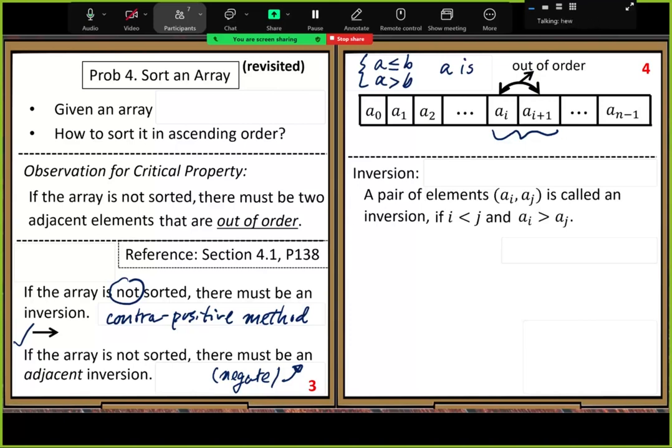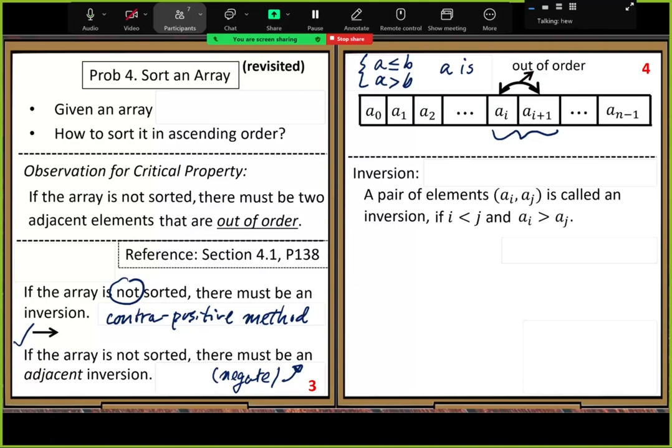That means in order, right? Any two adjacent elements are in order. Can you say the whole array is in order? By the transitivity property, the whole array is in order. Here, we know that the in-order property is transitive. Okay? So by the transitivity property, the whole array is in order.